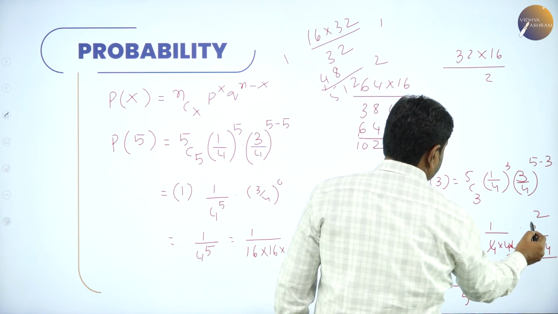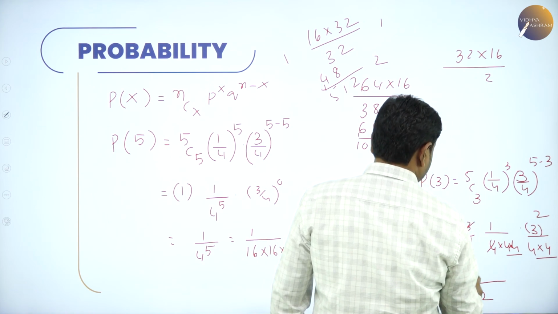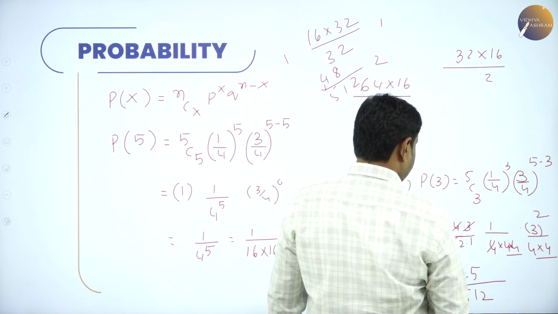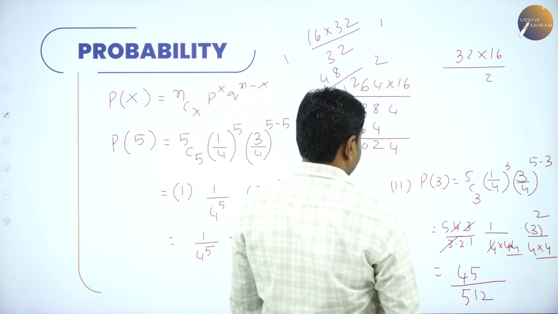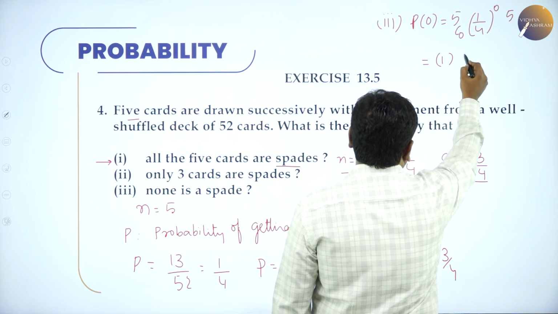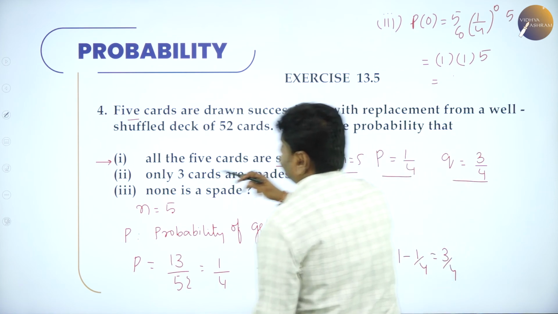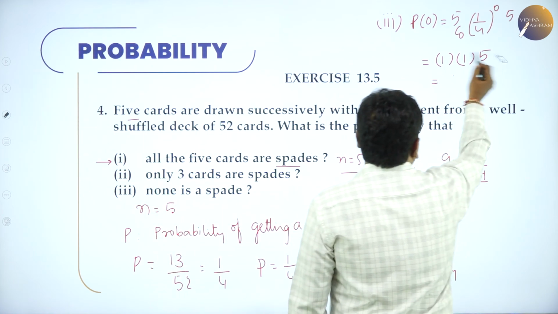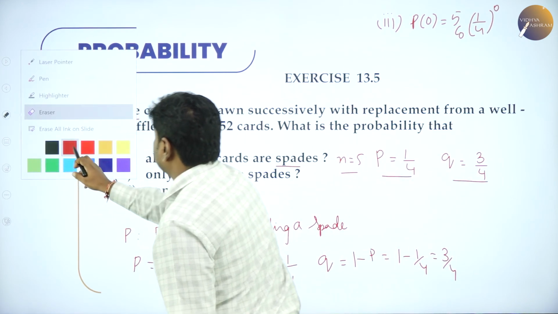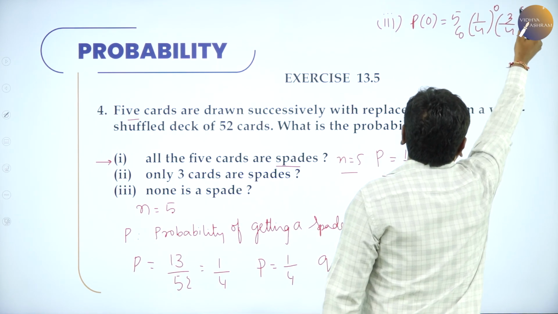They want none is a spade. None means what? 0 spades. 0 spades means 3 by 4 power 5 minus 0.